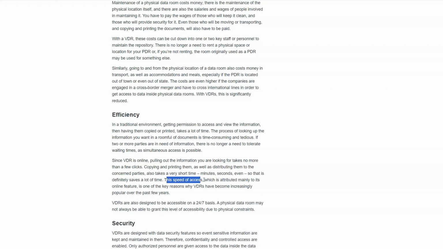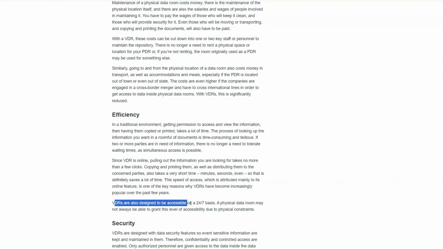This speed of access, which is attributed mainly to its online feature, is one of the key reasons why VDRs have become increasingly popular over the past few years. VDRs are also designed to be accessible on a 24 hours, 7 days basis.